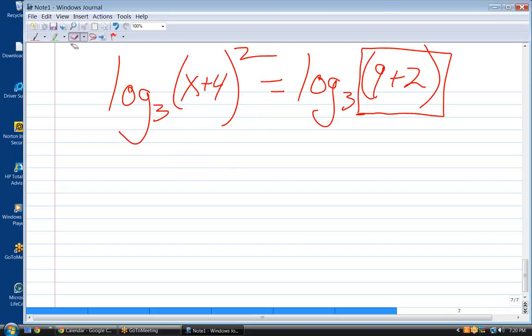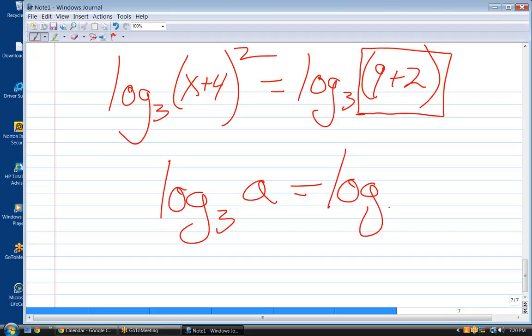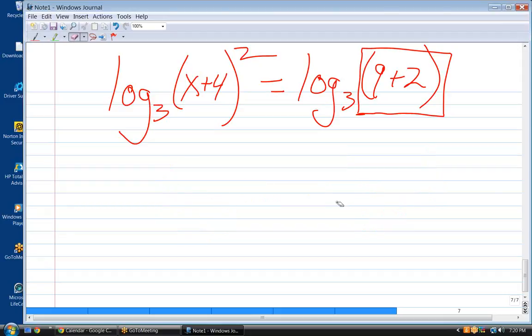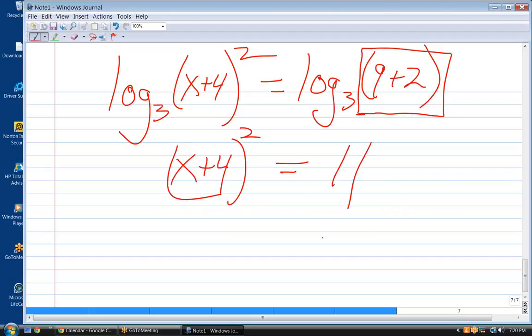What I'm saying is if the log base 3 of A equals the log base 3 of B, then A equals B, by definition. Understand? Yeah. So, x plus 4 squared equals 11. And then just solve that quadratic that's going to result from that.